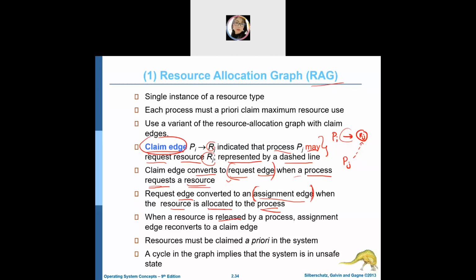When the resource is released by the process, the assignment edge reconverts back to the claim edge. Resources must be claimed a priori in the system. A cycle in the graph implies that the system is in an unsafe state.